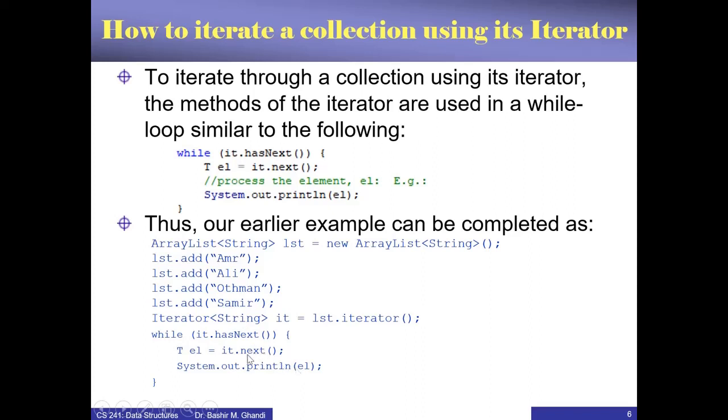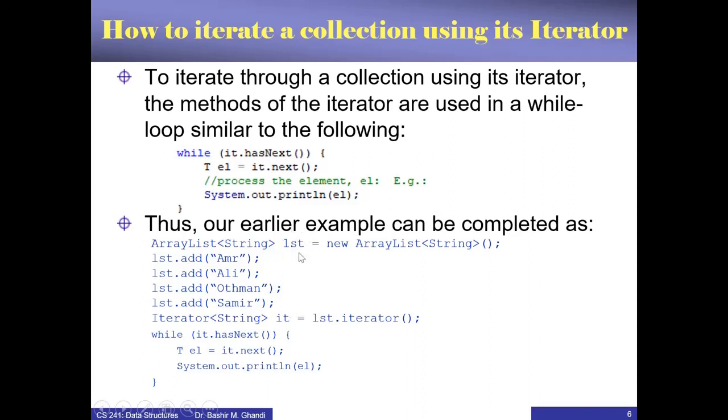But now, when you go back, hasNext is going to say false. There are no more. Because at this point, the iterator will be not at the end actually, but outside the list. It has exhausted all the elements of the list, and it is null at the moment. So this will stop the loop.